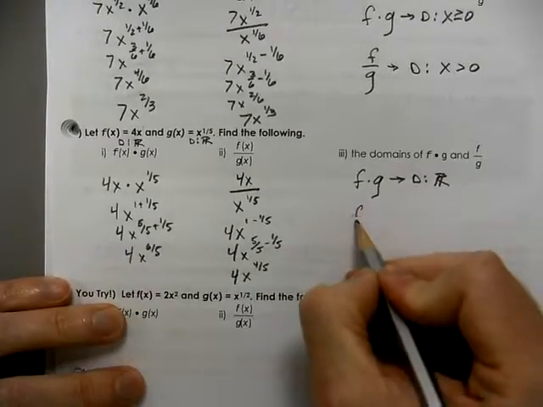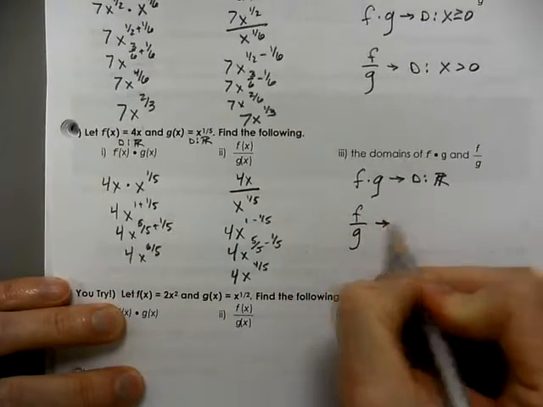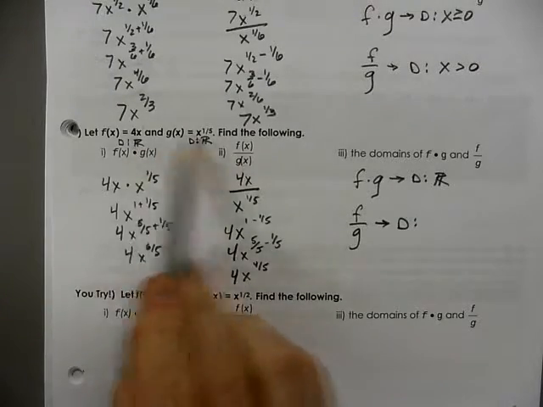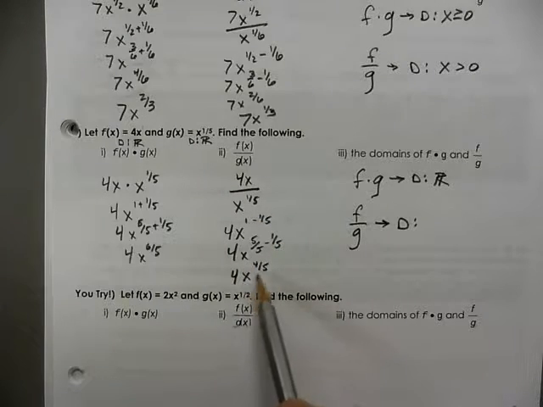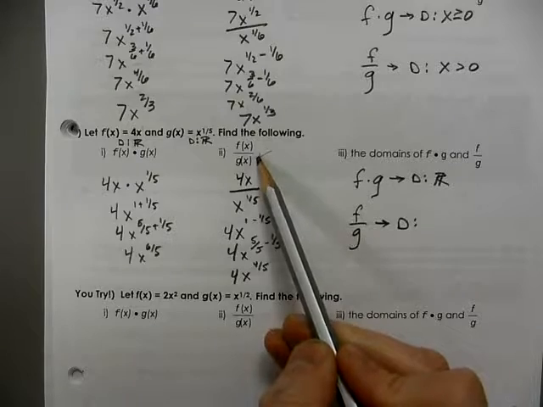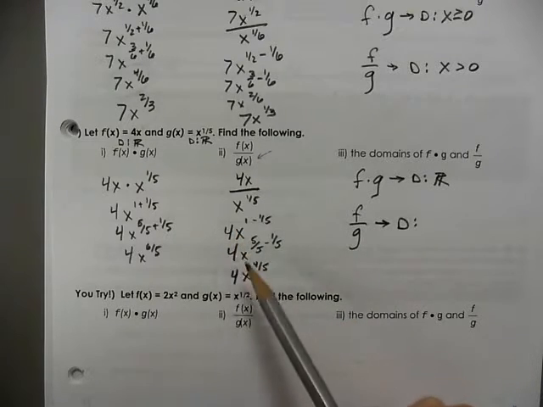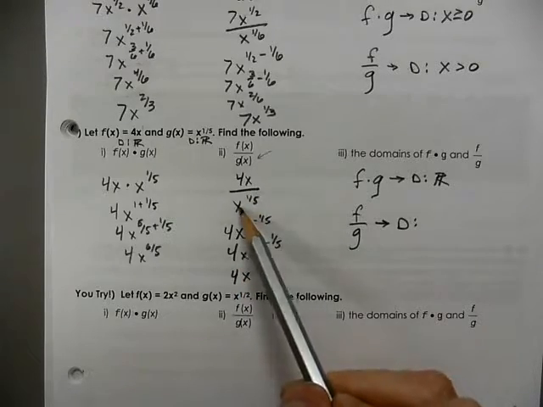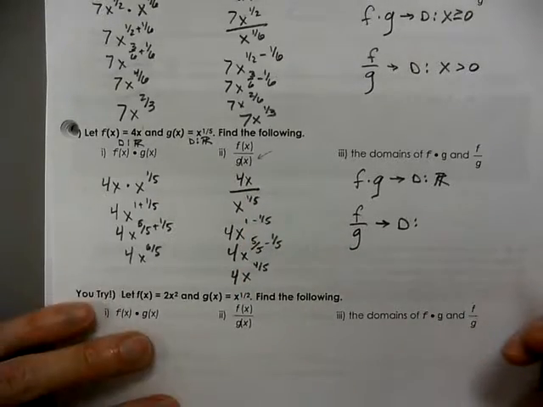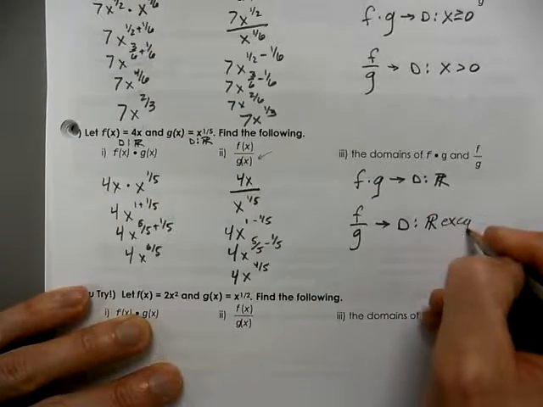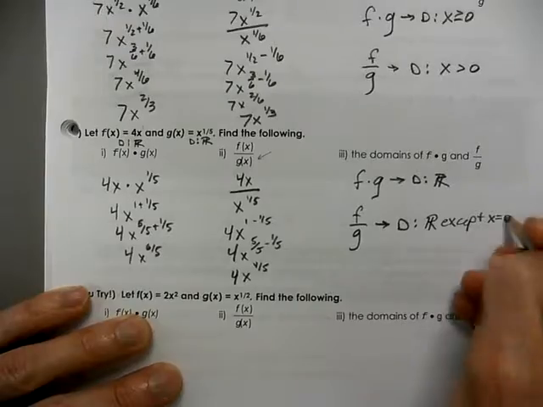Well, what would our domain be for that? The parent function started out with all real numbers. When we worked through the problem, we still had all real numbers. But don't forget, this denominator doesn't allow the denominator to be 0. The only thing that makes this 0 is 0 itself. So it's all real numbers except x equals 0.